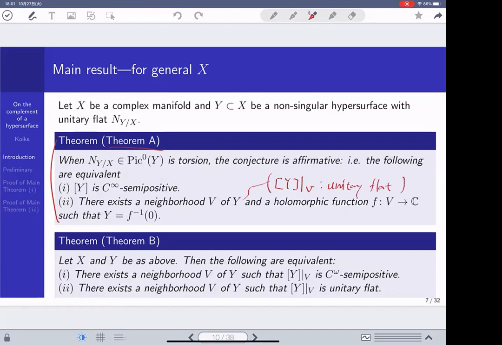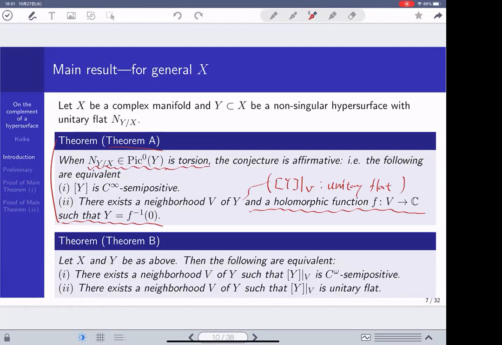But when the normal bundle is torsion, this condition is equivalent to the following condition: there is a holomorphic function f from V to C such that Y is a fiber. It means that Y is maybe a multiple fiber.